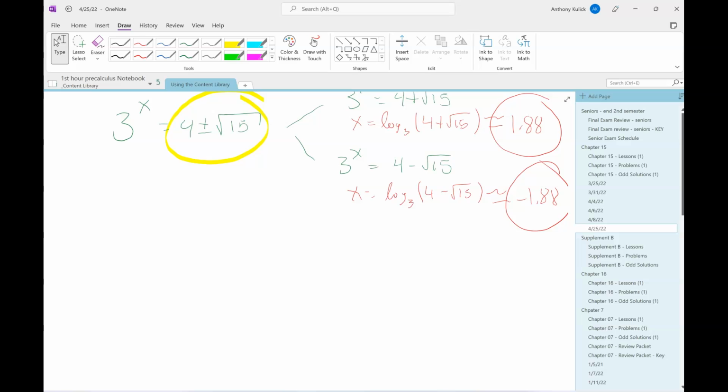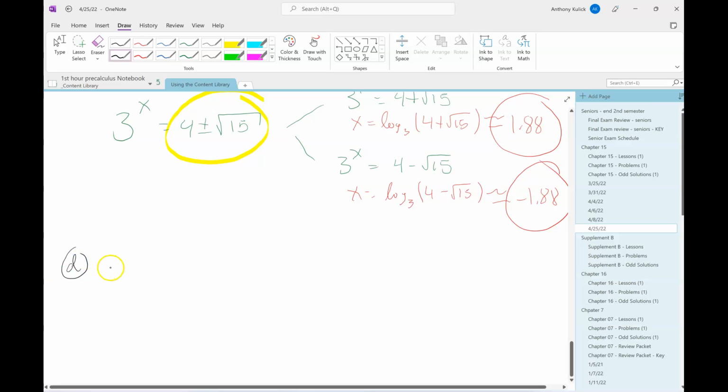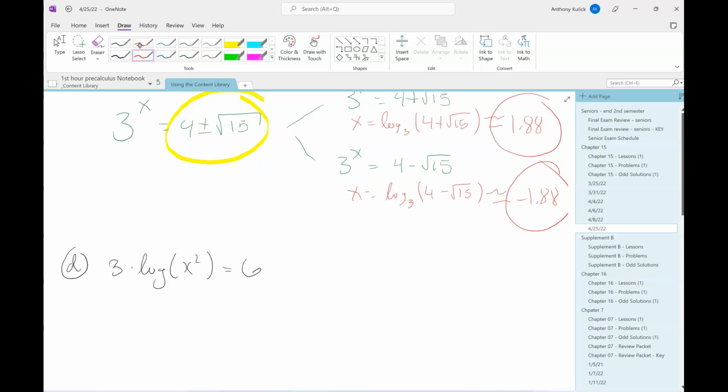All right. What about some logarithmic equations? So previously, we've been solving exponential equations, right?